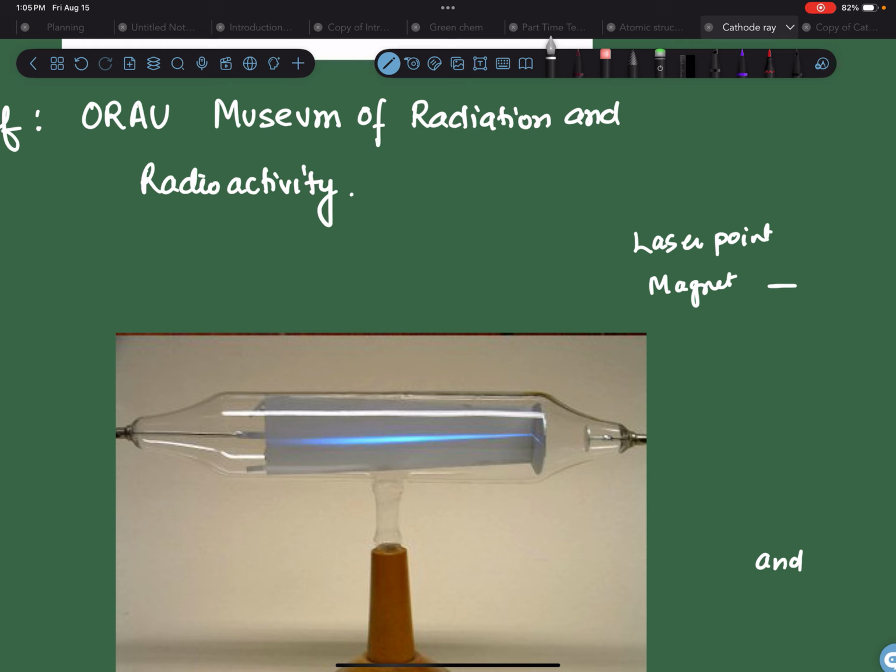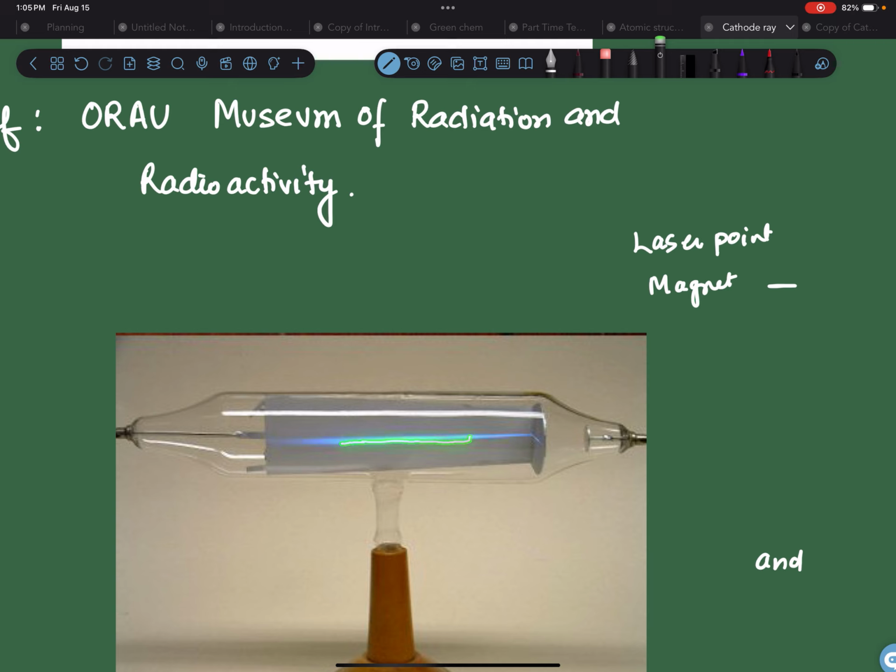However, it's known from Maxwell's experiments that if you place a magnet close to a moving charged particle, the path of that particle gets deflected. And since Crookes observed a deflection when the cathode rays were placed in the magnetic field, this is evidence that cathode rays are made up of charged particles and it's not just light, right?